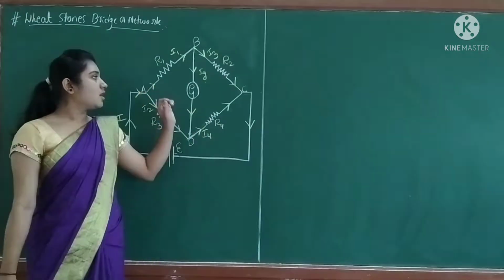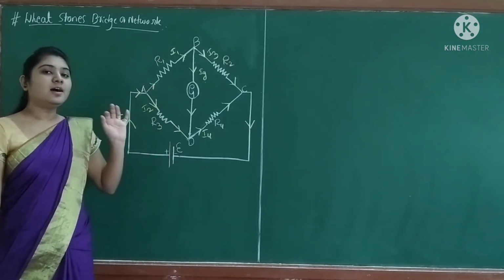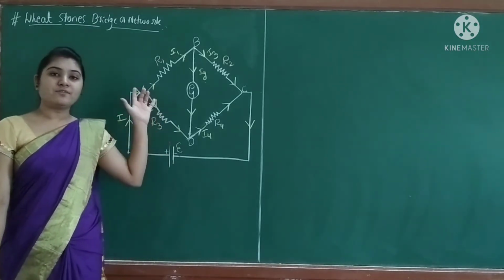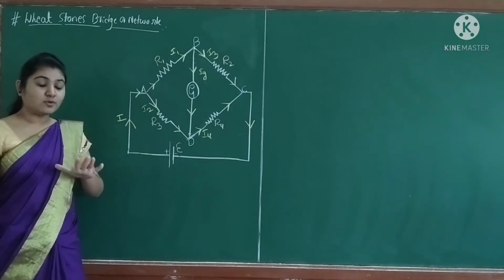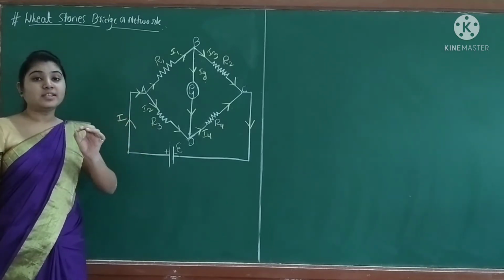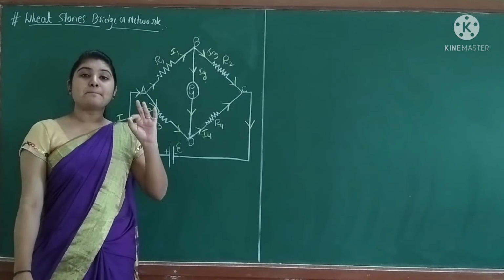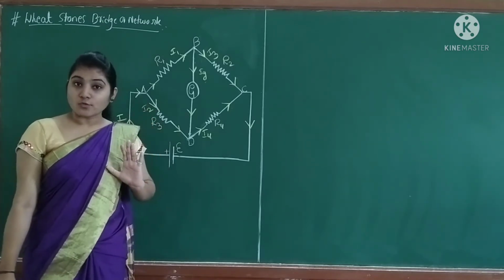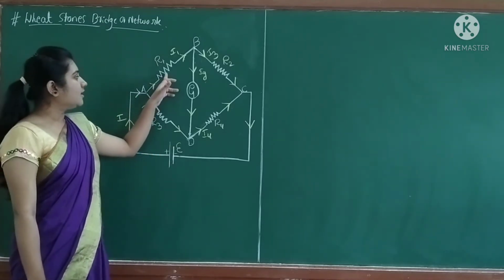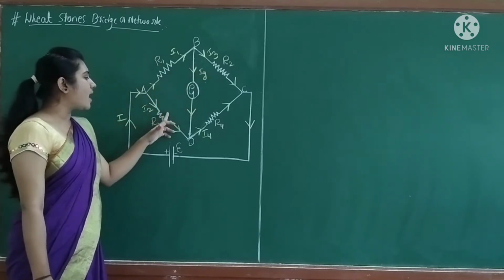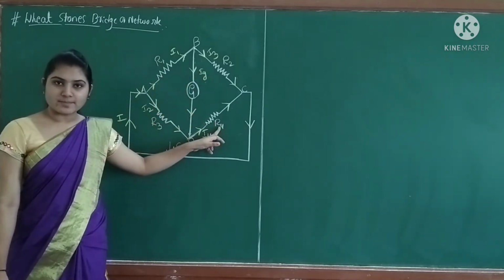After discussing the construction of the Wheatstone's bridge, now we will take one condition here: the balanced condition. Here R1, R2, R3 and R4 resistances are present.